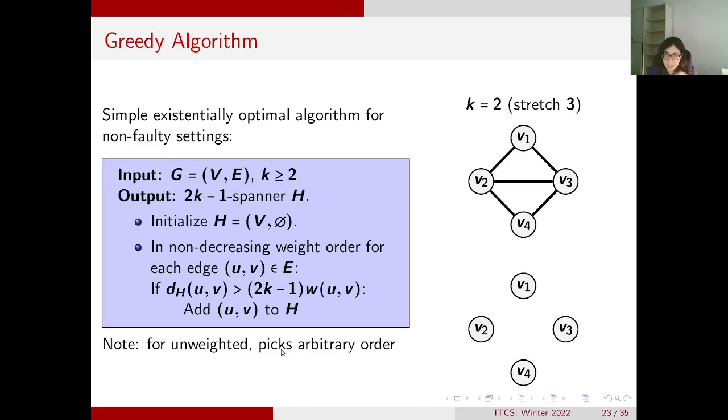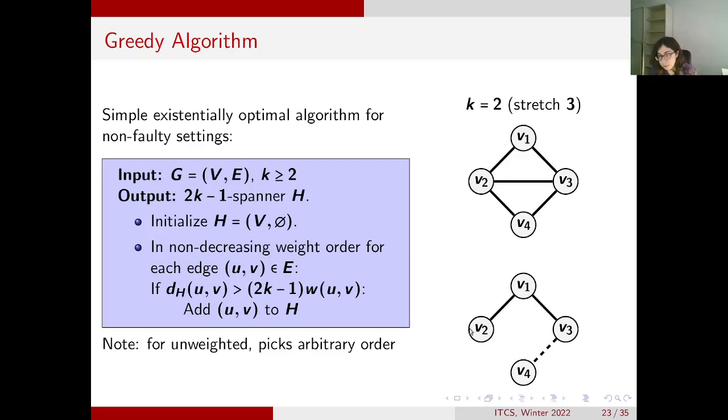So let's see a simple example. Let's say we want to construct a 3-spanner, and this is the graph we have. We start with an empty graph. Now between V1 and V2, there's not already a path, so we need to include this edge in the spanner.